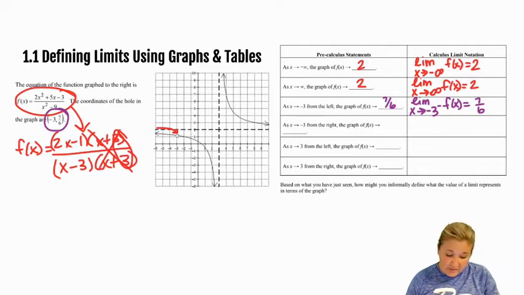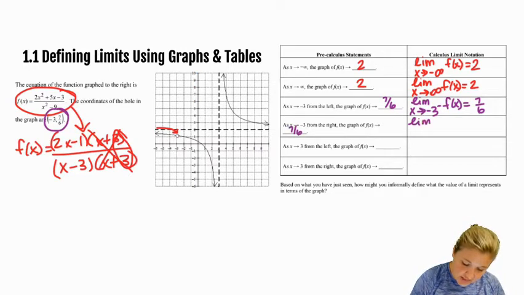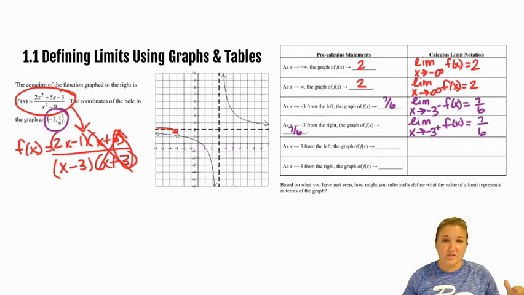And then same thing as it's approaching from the right, it's still approaching 7/6. So we would write this as the limit as x approaches negative 3 from the right of f of x is also going to be equal to 7/6. Since those meet together, we'll learn about that a little bit later.